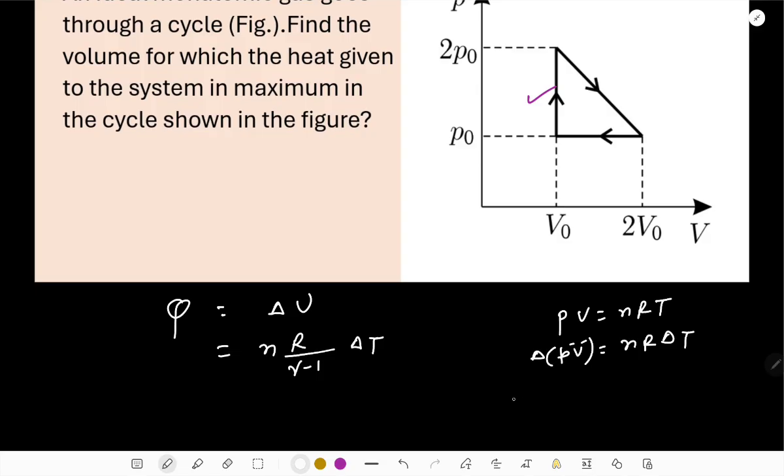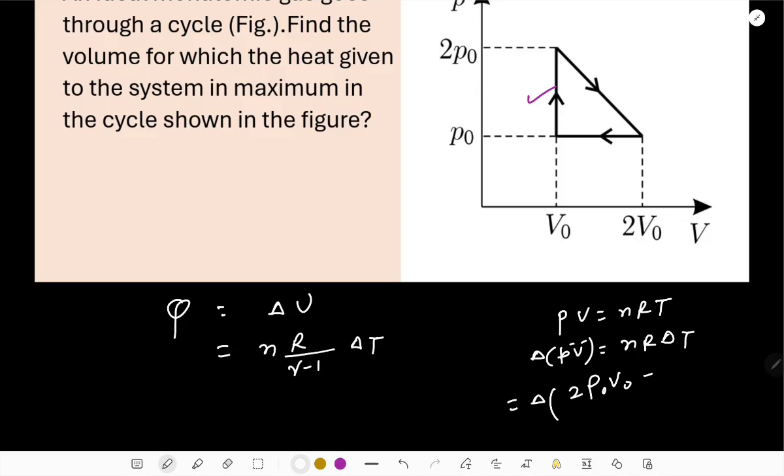That's true. And here delta PV in this process is, initially, P naught V naught, and the final thing is 2 P naught V naught.